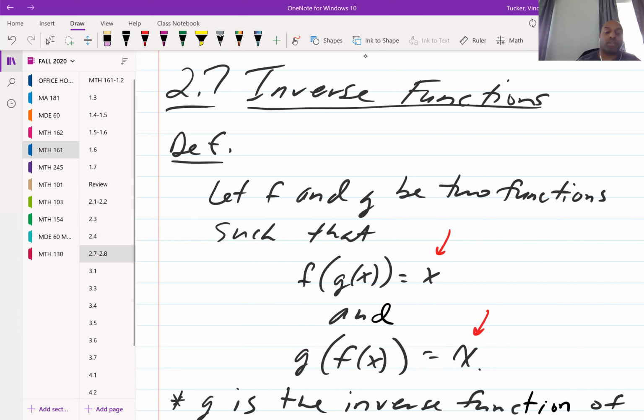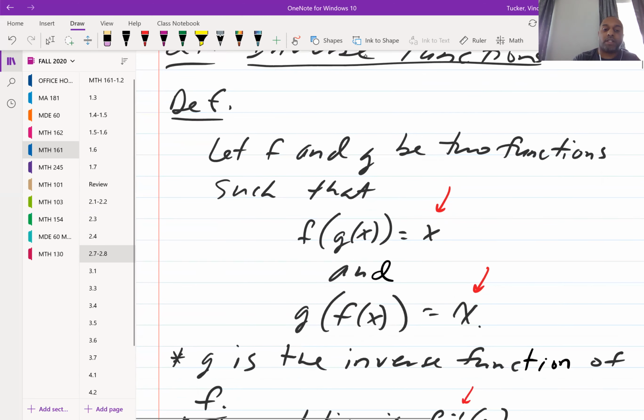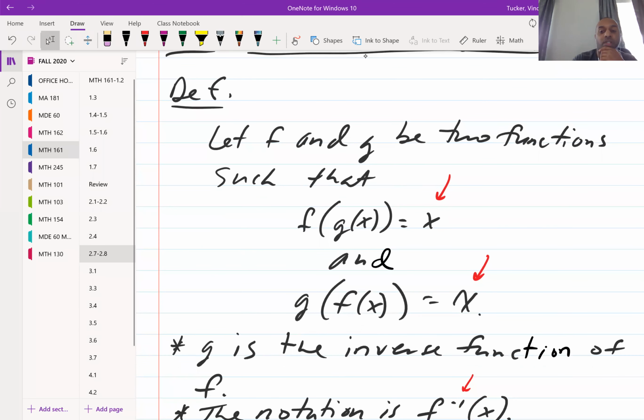You will get problems in which if you do one, it'll check off, but when you do it the other way around, it doesn't. They're trying to see if you're going to test both ways. So you do have to test both ways. Plug g into f, see if it reduces down to x, and then plug f into g, see if it reduces down to x. If that is the case, then that means g is the inverse of f.